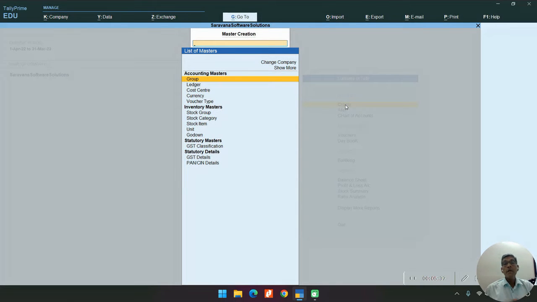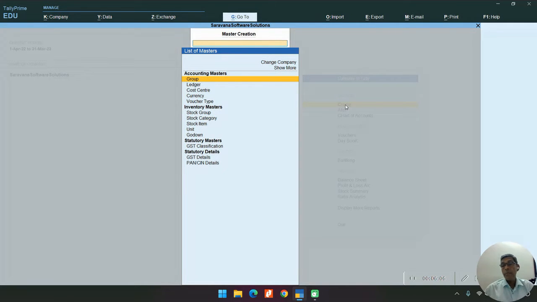Beyond that, if you want to define your own GST classification, you can define it from here. Then statutory details: GST details, enabling GST, then PAN or customer identification number details. So all of this you can create under the broad heading called masters.